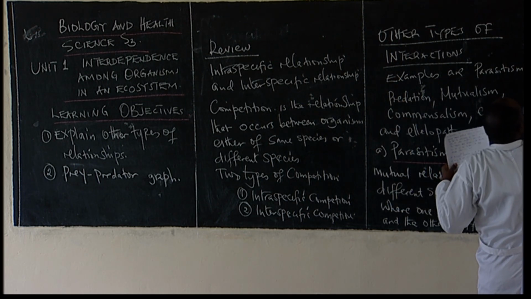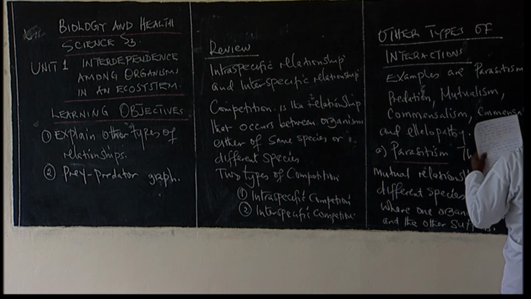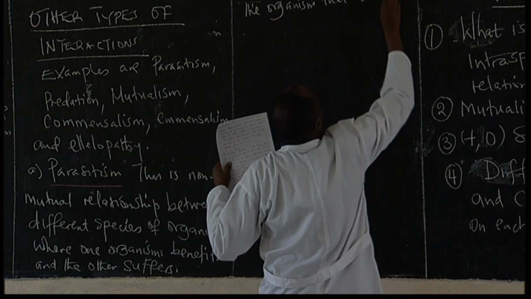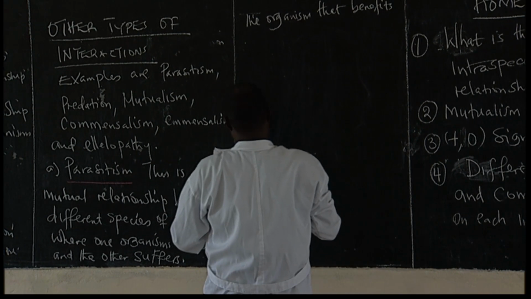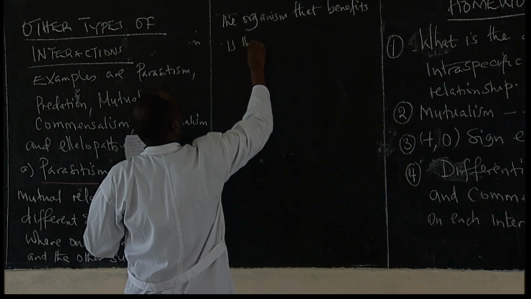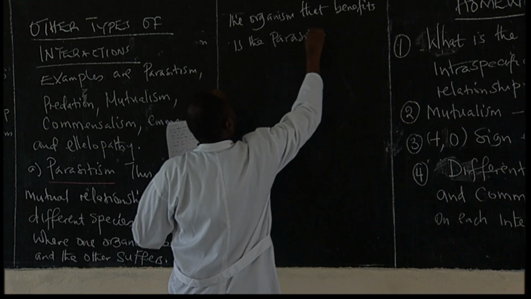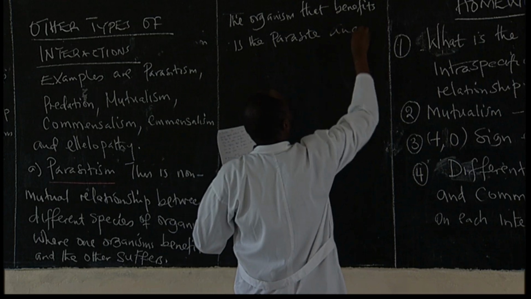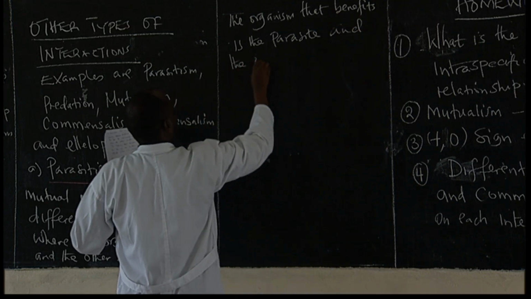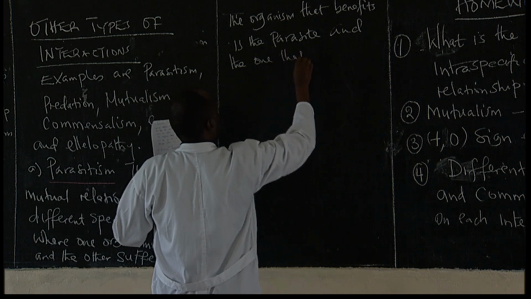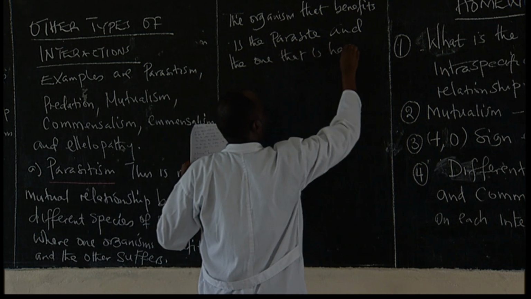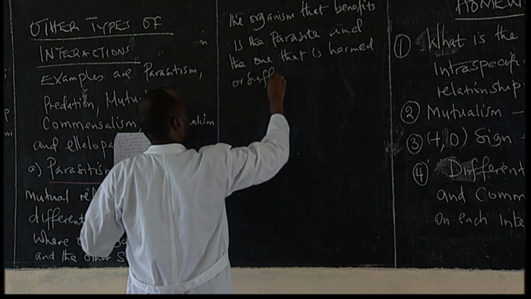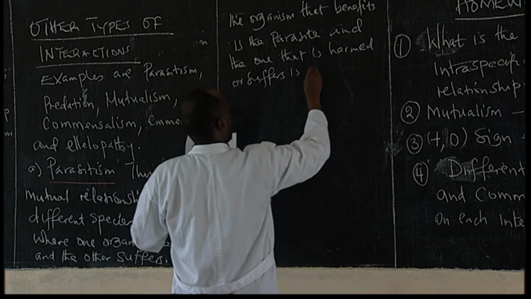The organism that benefits is the parasite, and the one that is harmed or suffers is a host.